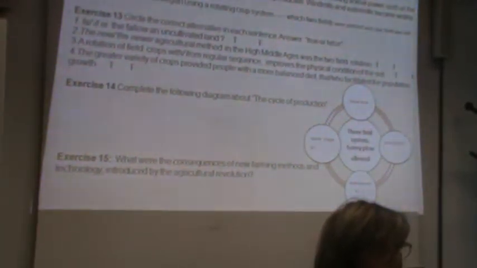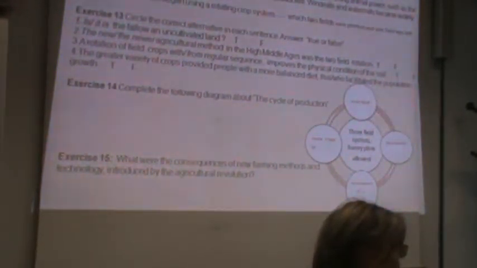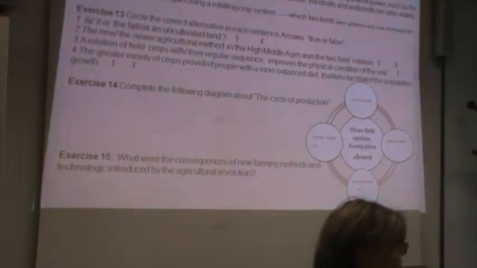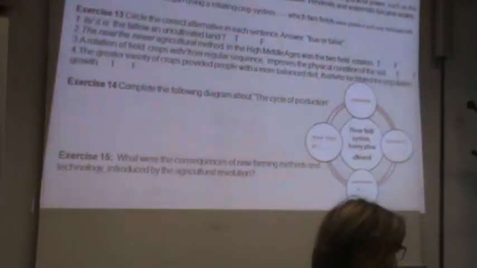In exercise 13 they have to choose the mistakes, and they have to complete the diagram about the cycle of production with what they know.